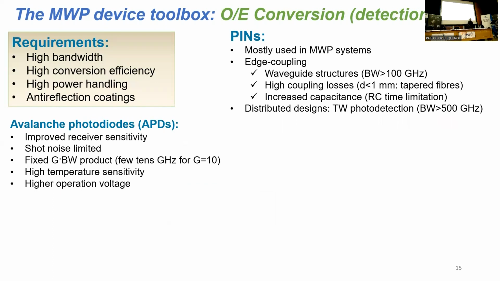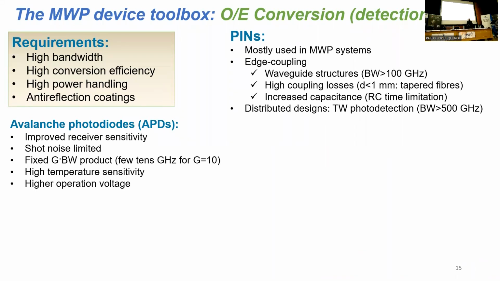Okay, finally, for detectors, we need high bandwidth, high conversion efficiency, and what is very important also, very high linearity. The detectors have to withstand a very high dynamic range and still operate linearly and not produce extra intermodulation.